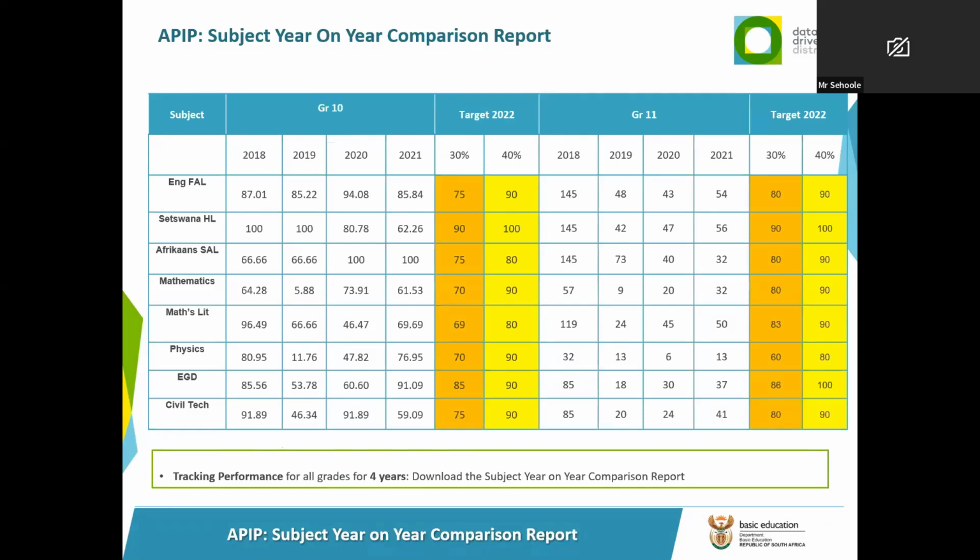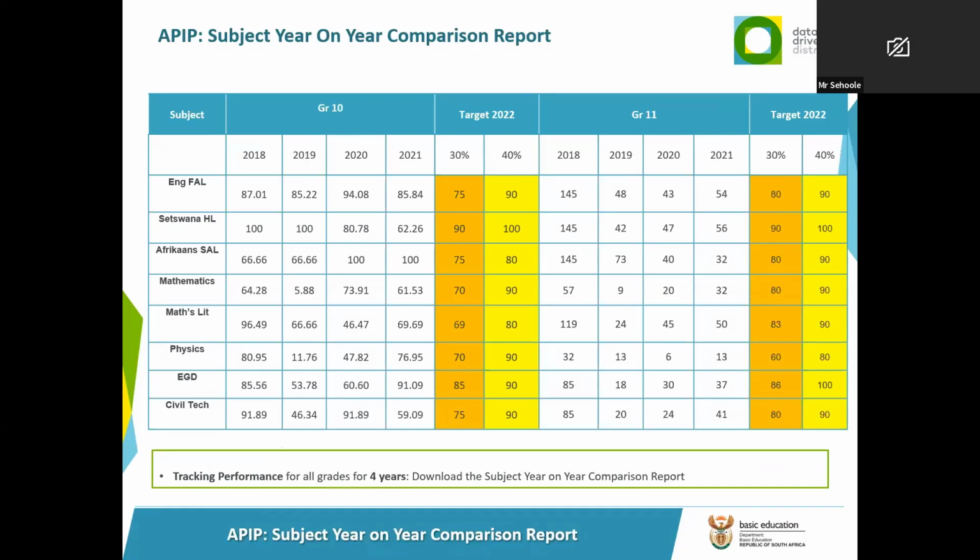Like in 2018, for instance, in grade 10, 87.01, 2019, 85, and then 2020, 94. So I developed this table to remind the teachers about the performance of the subject year in, year out, comparing them over the past 4 years.